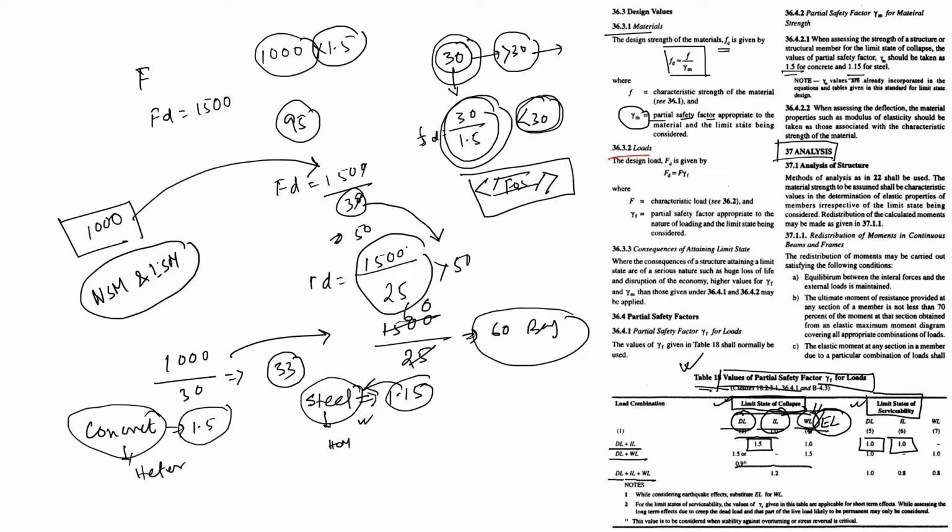When we use dead load and wind load, that is both 1.5 and 1.5, and for a special condition there is 0.9. And when you use the three load condition, DL plus IL plus wind load, that is 1.2, and for serviceability 1.0, 0.8 and 0.8.